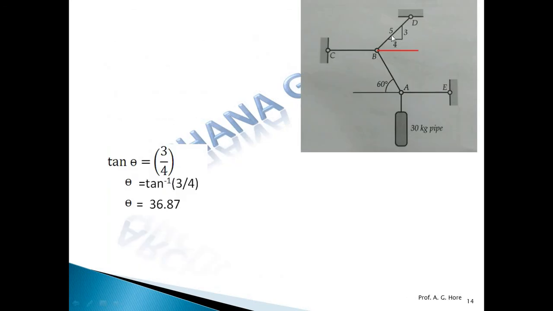This is the vertical portion, and this angle must be equal to this angle. Suppose this is theta. In this right angle triangle, theta's opposite side and adjacent side are given, so we can apply tan theta equals 3 divided by 4. If we take the tan inverse of this quantity, we get the angle 36.86.